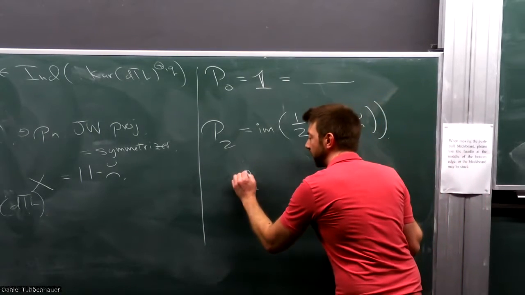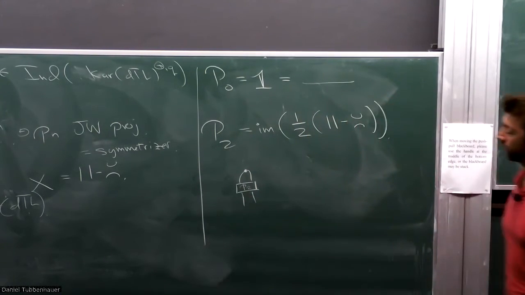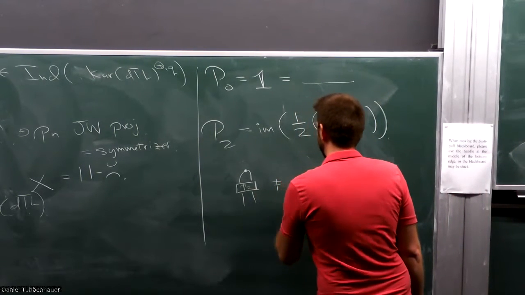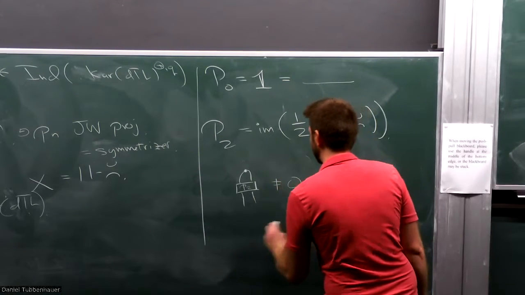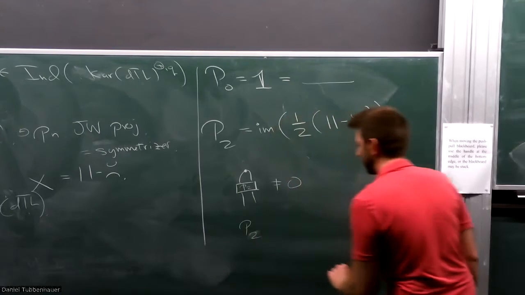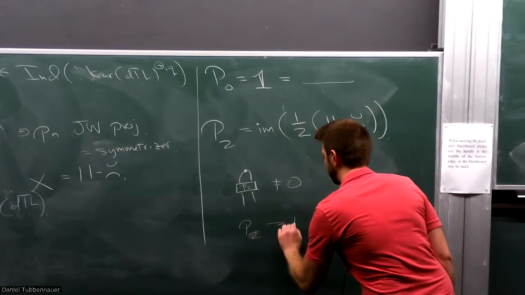But now if you have dots, you actually get some non-zero things. So this actually represents a non-zero morphism. That represents a non-zero morphism from the second symmetric power to the zero-th symmetric power.